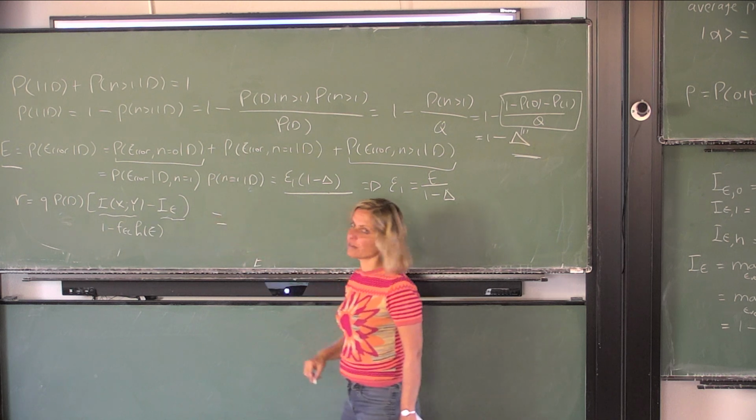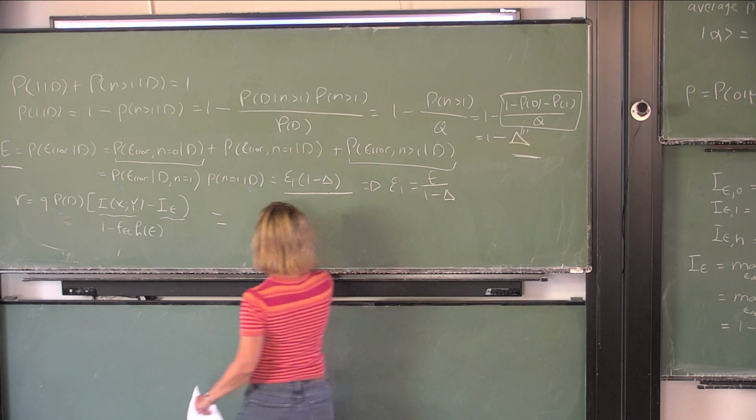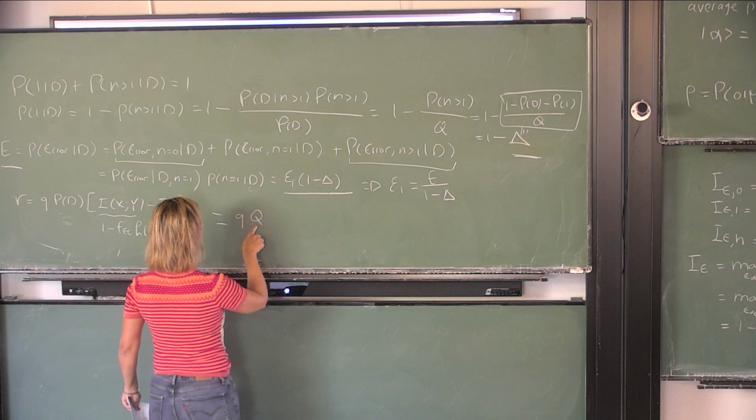And so what is the expression that I find for the secret key rate, the final one? If you put things together, again, this is the gain.